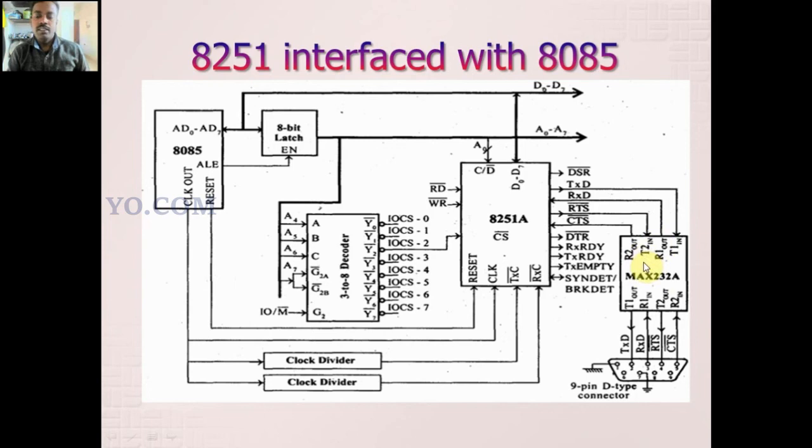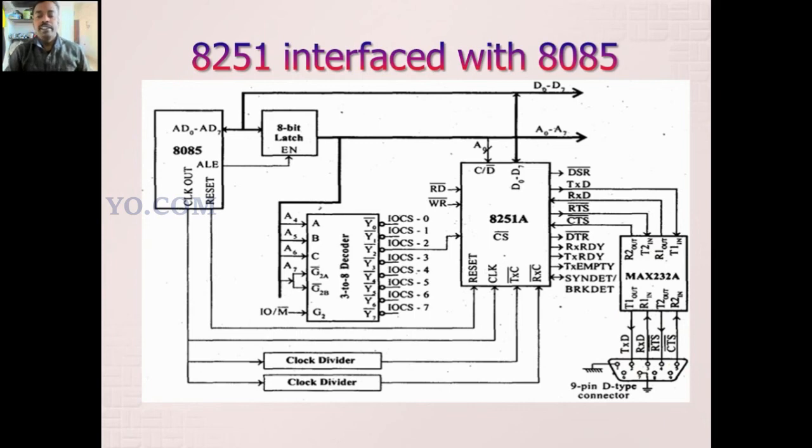This IC receives the data from the external device. These are four lines: TXD, RXD, transmit data, receive data, RTS and CTS, request to send and clear to send. These four lines are used for data transfer in a serial manner.